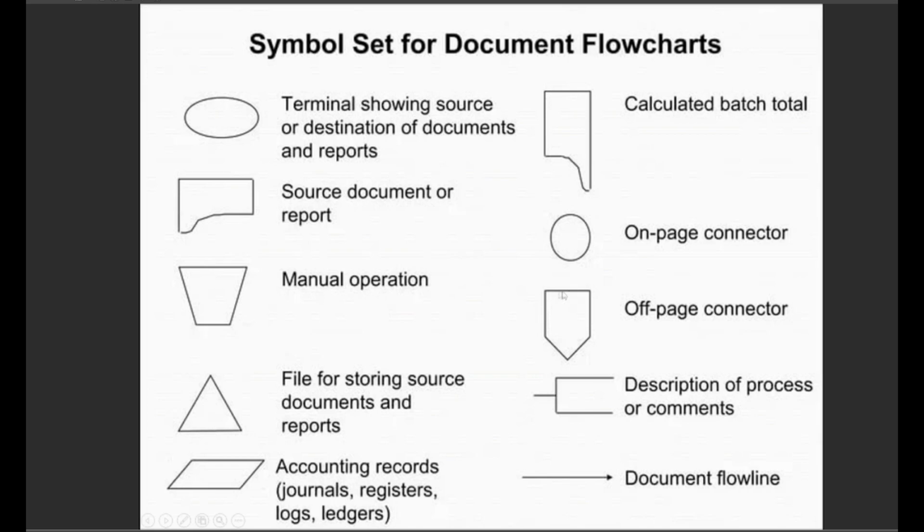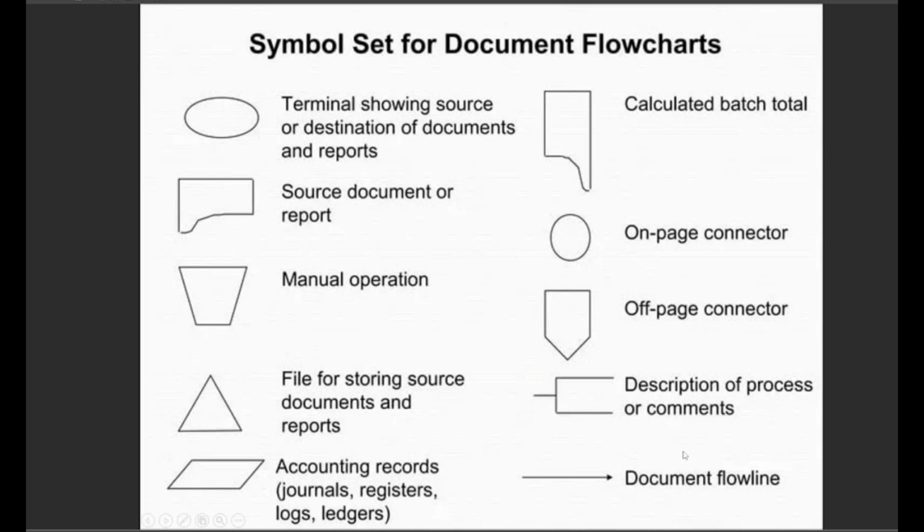It is like a square with a pointed side, meaning a paper that leads to another page. And then of course the lines: descriptions of process or comments are illustrated with a line and then a blank box with an open side, and the document flow line, of course, is indicated with an arrow.